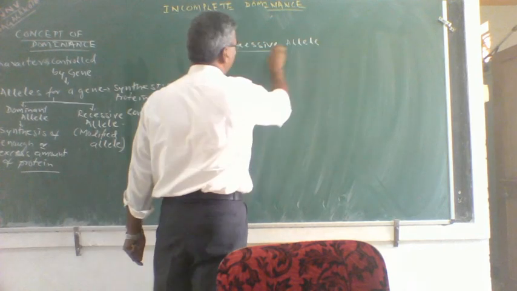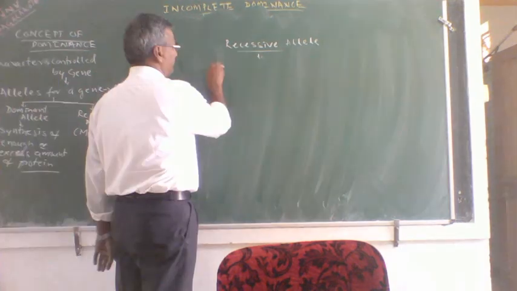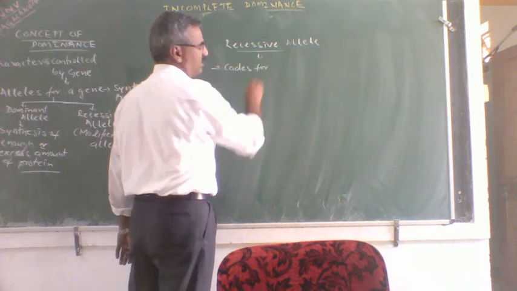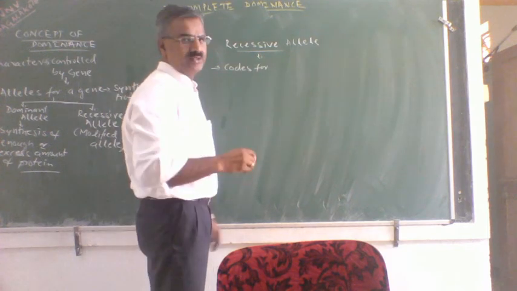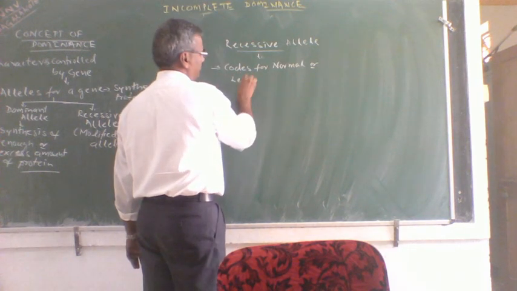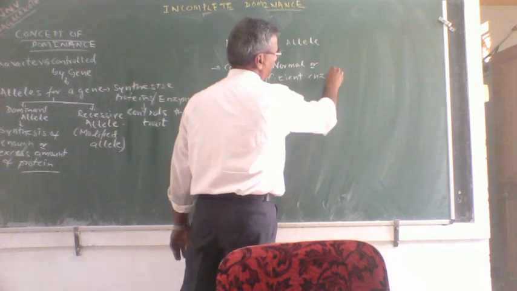So this is coding for maybe normal or less efficient enzyme. There are 2-3 ways by which it is going to control it.